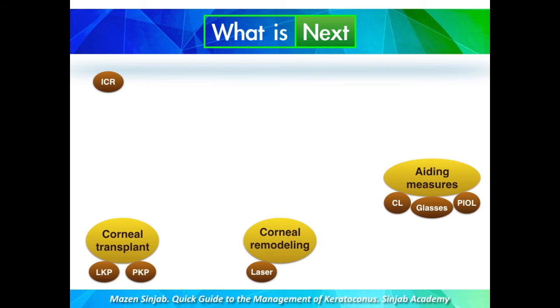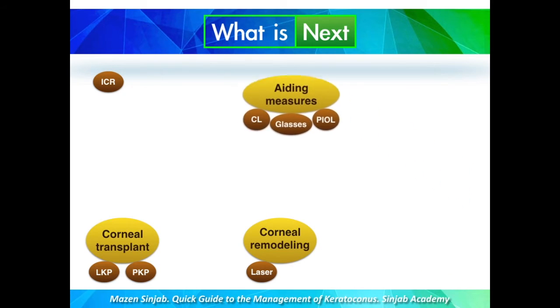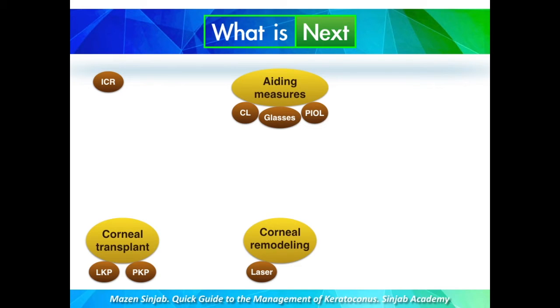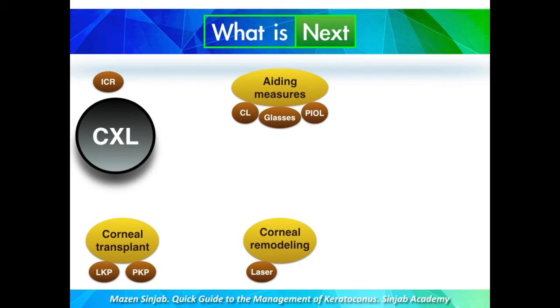Now we come to the option of intracorneal rings including myoring. Can we go for aiding measures after that? Yes, of course. We can go for contact lens fitting, glasses, or even phakic IOL when there is still high refractive error. Now, in some cases, corneal cross-linking is indicated with intracorneal rings.